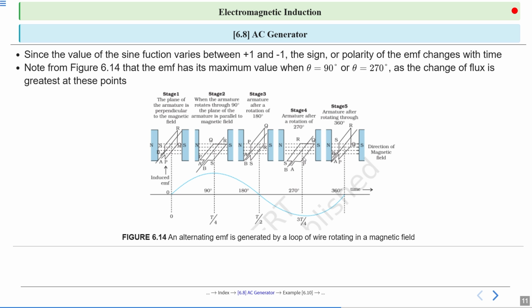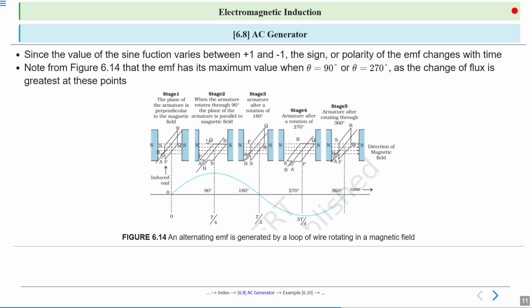Now it is rotated through 90 degrees again, and the complete 360 degree rotation is done. It has come to its initial condition: SR was in the upward direction initially, and now in the final position SR is in the upward direction. Again the area vector is parallel to the magnetic field and EMF is again 0.